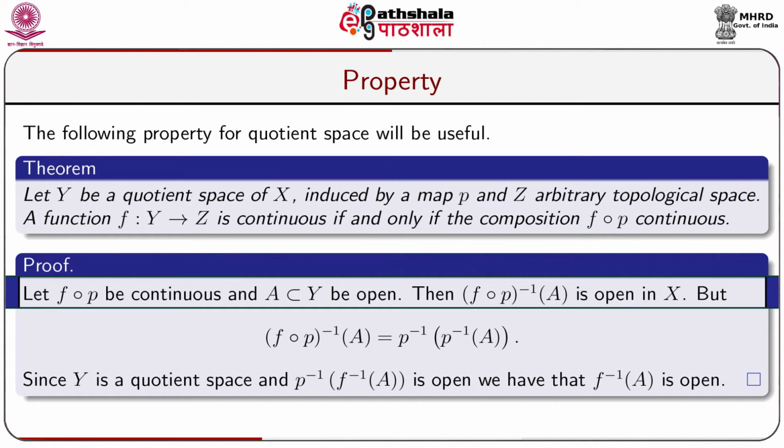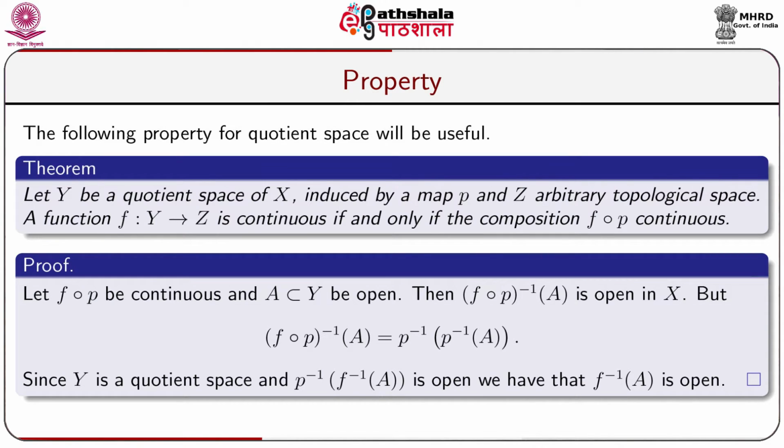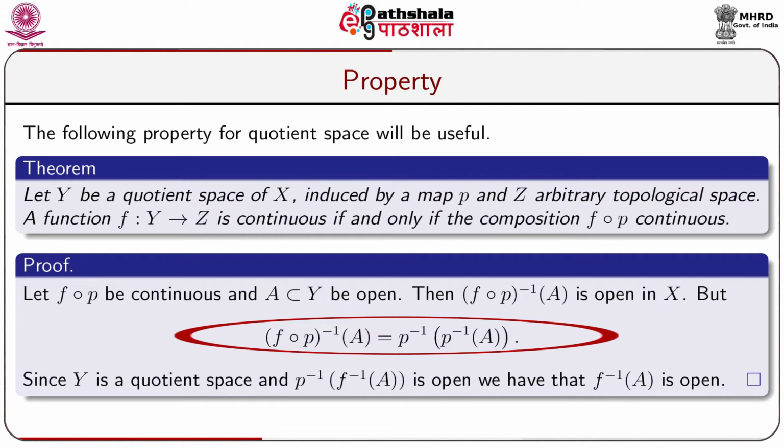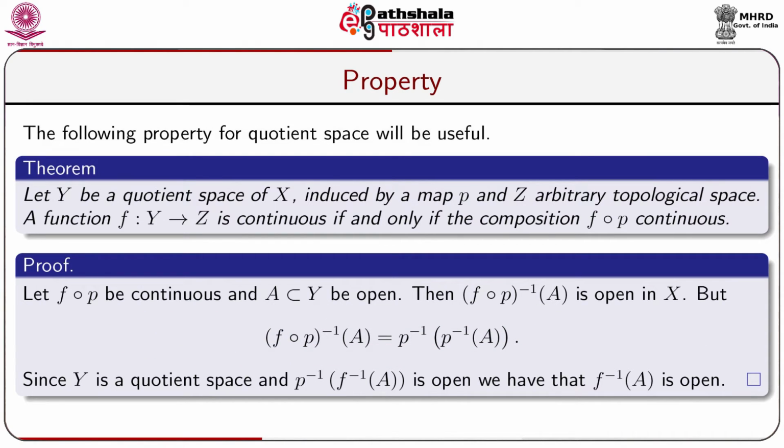Then (f compose p) inverse of A is open in X, but (f compose p) inverse of A is equal to p inverse of f inverse of A. Since Y is a quotient space, p inverse of f inverse of A is open exactly when f inverse of A is open.